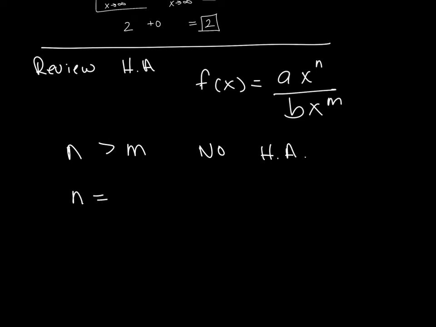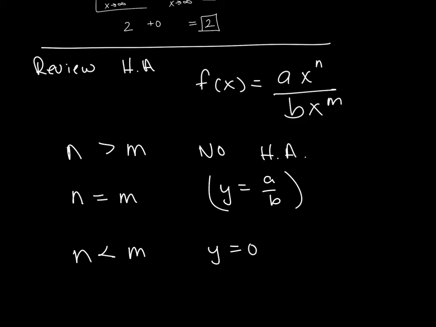If n is equal to m, y is equal to a over b. And again, this is our horizontal asymptote. And if n is less than m, y is equal to 0.